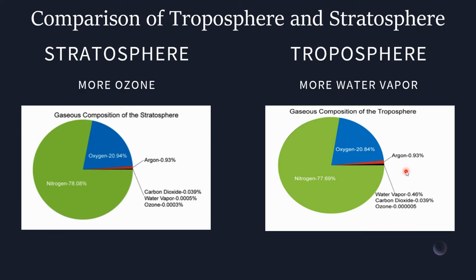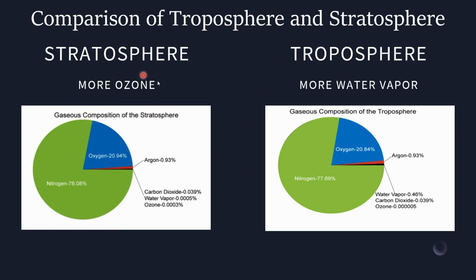So if you look at the placement of the troposphere and stratosphere, the troposphere is close to the earth, so that means the oceanic content, the water vapor or particulates, will be abundant in the troposphere compared to the stratosphere, because the stratosphere is relatively far away from those oceans. So that is the main reason for the troposphere to have more water vapor than the stratosphere.